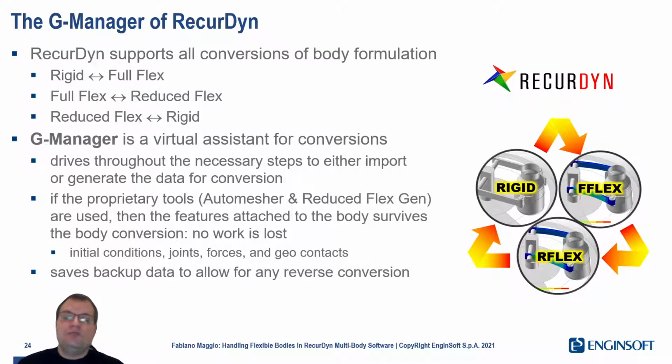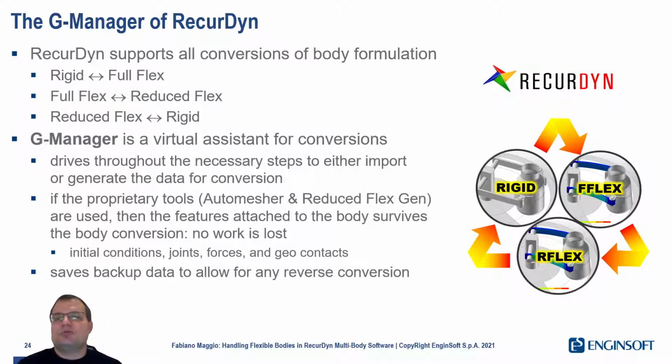This is very convenient because sometimes you don't know whether your body has to remain rigid or be modeled through a full flex or reduced flex. So you can try, and if the formulation that you pick is not working, you can go back to another formulation or back to rigid. And all the times you perform this conversion, you don't lose anything in the model.